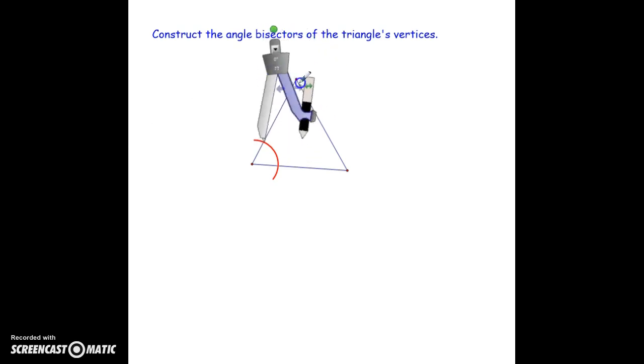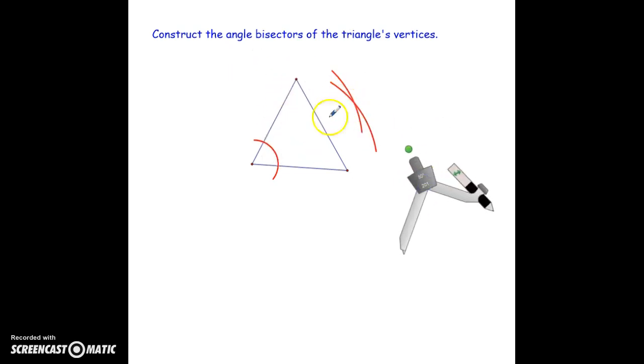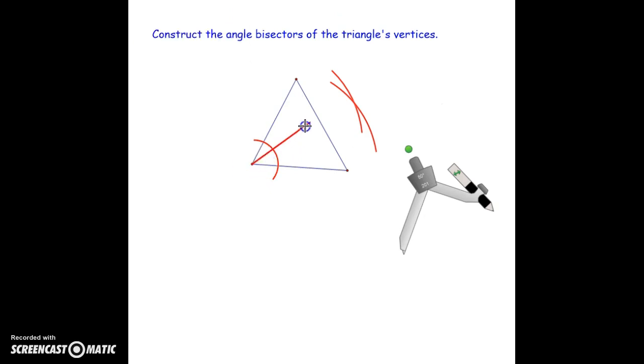And so you can actually make it quite a bit larger if you wanted to, as long as you're going on the intersection here. Make another arc mark, go here, make another arc mark, and where they cross here, I would connect back to the vertex. And so here I have the angle bisector.